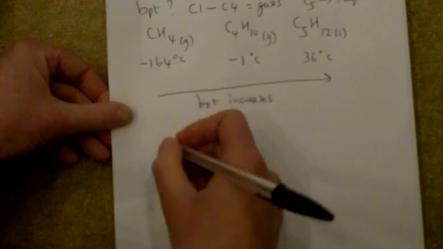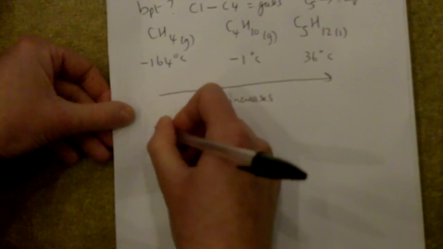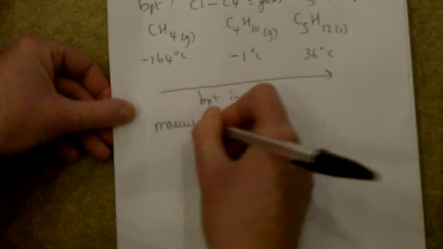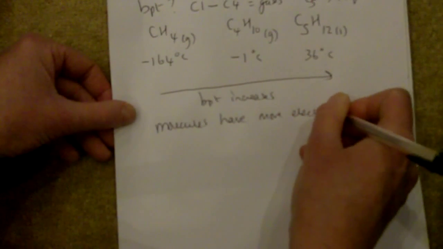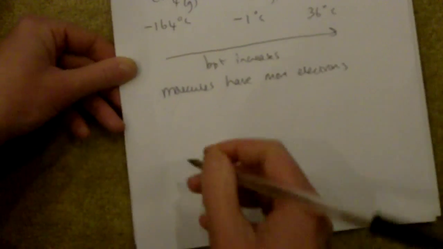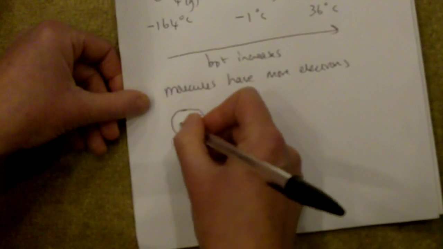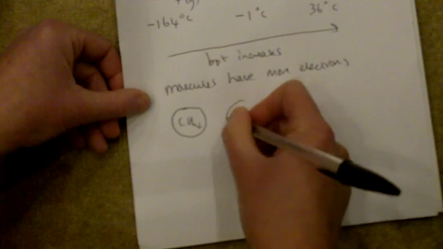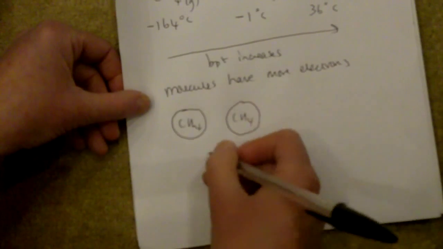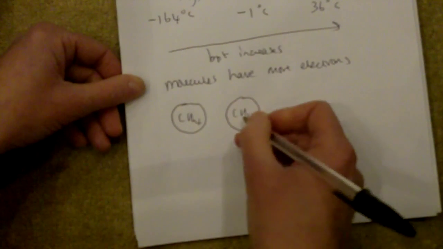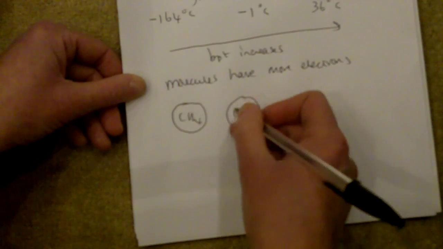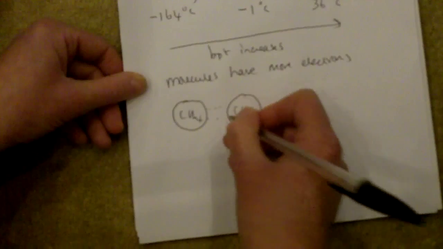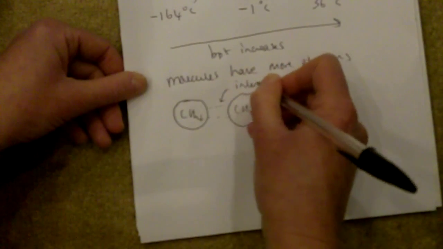That's because as you go along, the molecules have more electrons. Remember, when you're boiling something, if I take methane and another methane molecule, I am not breaking the covalent bonds inside the molecule. I'm breaking the intermolecular forces.